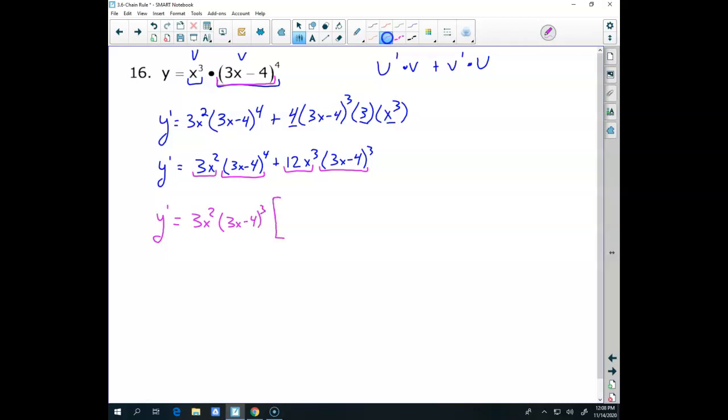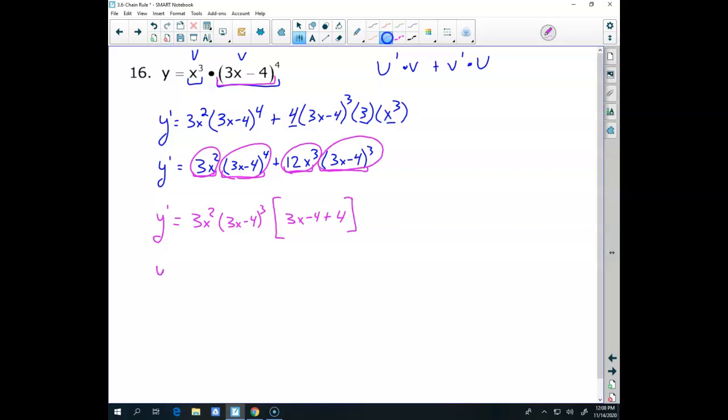And notice I always separate these with different brackets. When I pull 3x squared out of 3x squared, that whole thing comes out. And when I pull 3 of those out, I still have a 3x minus 4 left inside there. Plus, when I pull a 3x to the 3rd out of here, well, hey, I'm just left with a 4 in there, aren't I? And if I pull a cubed out, that whole thing comes out.